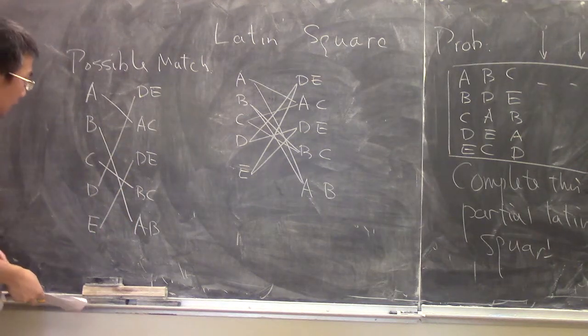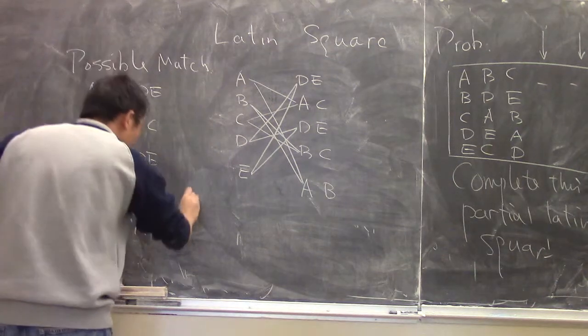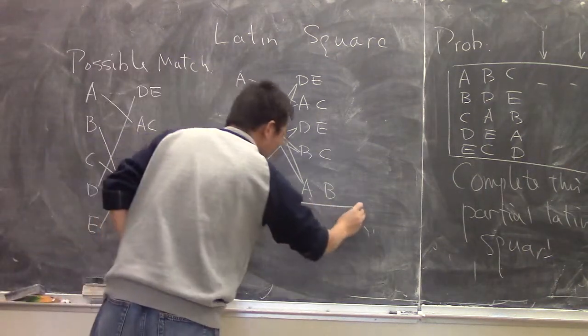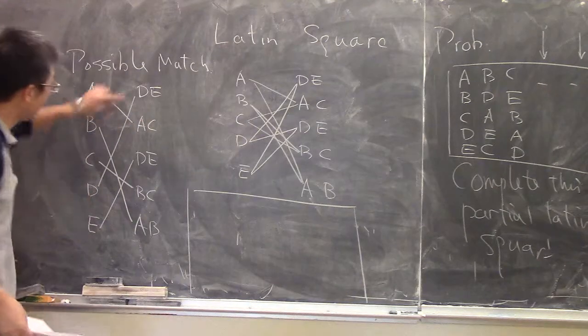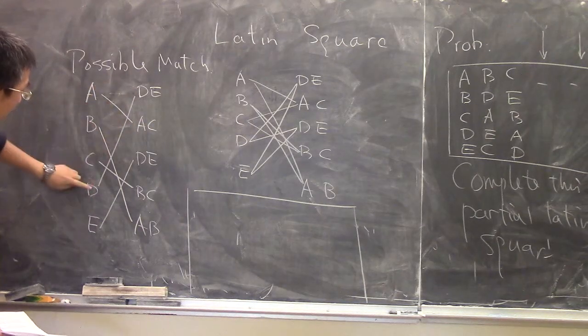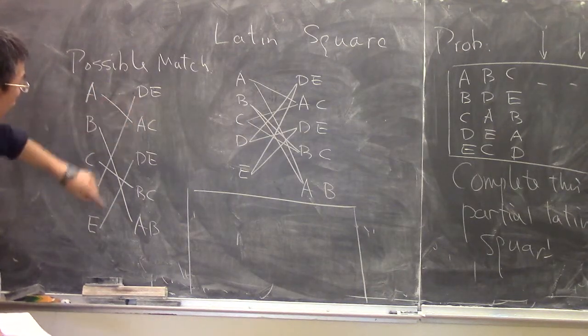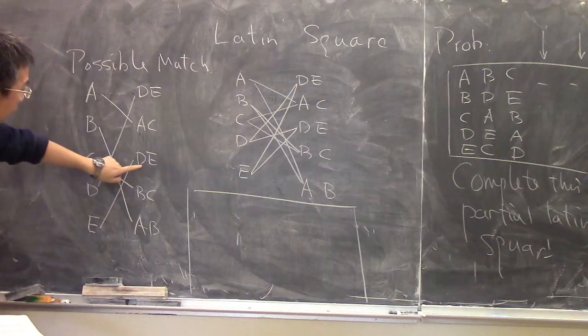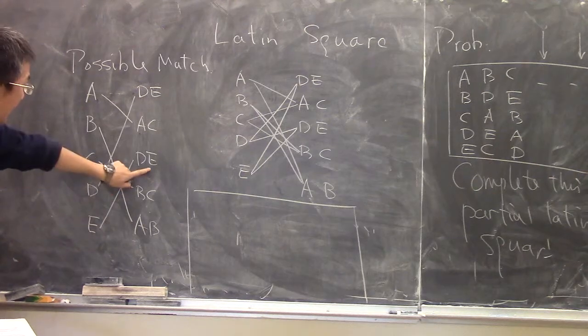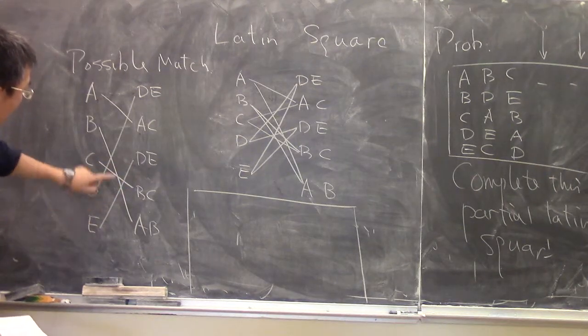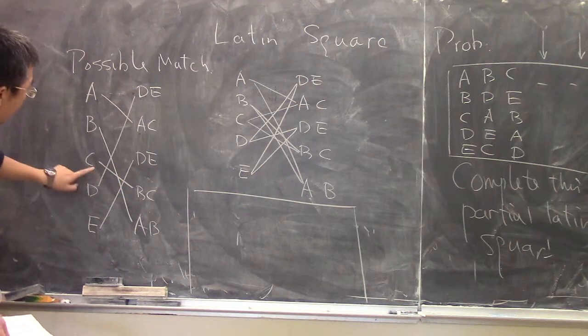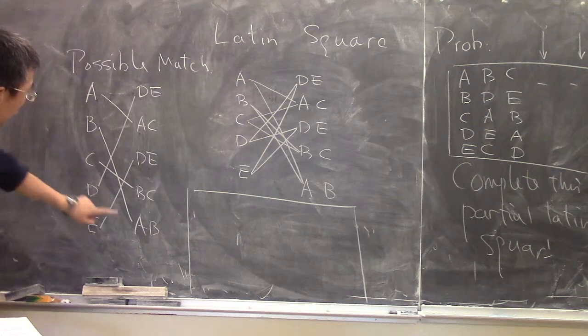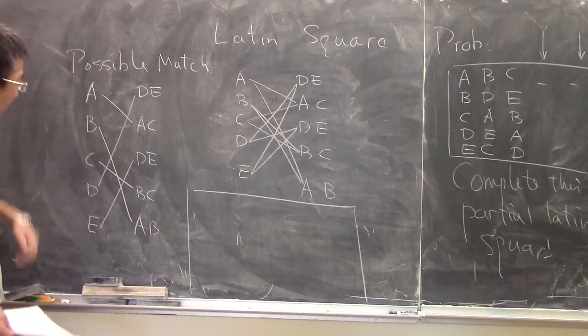So this means I choose letter D from the first word, and I choose A from the second word, I choose E for the third, and I choose C from the fourth word, and I choose B from the fifth one.